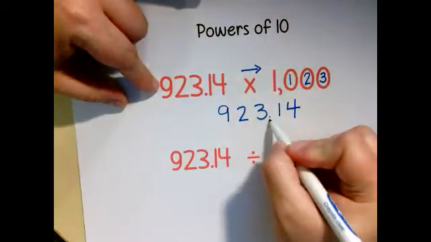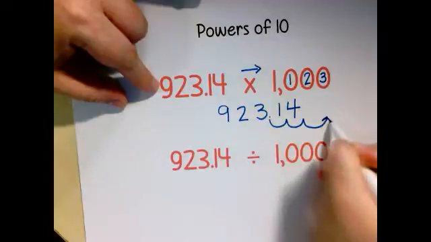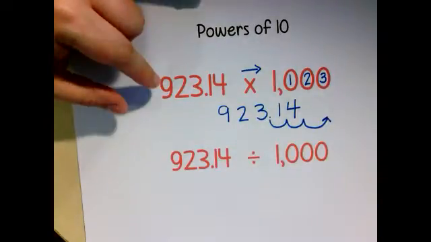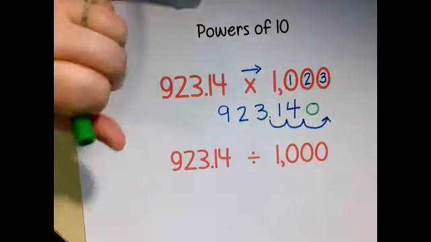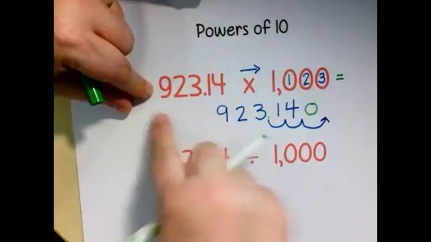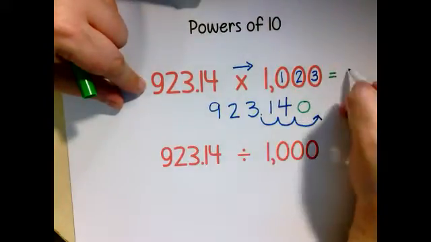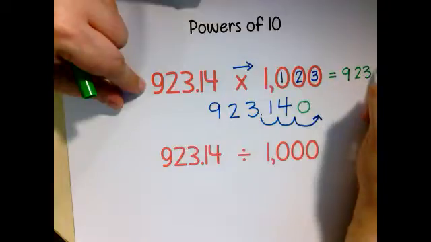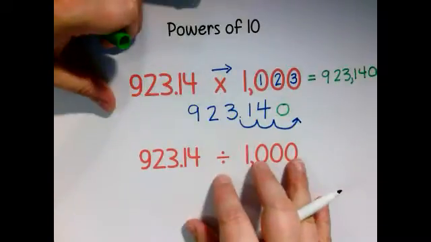So I'm going to say 1, 2. Well, there's no extra number down here, so I'm going to just put a placeholder here. So I now see that the product of this, 923 and 1400ths times 1,000, is going to give me 923,140.